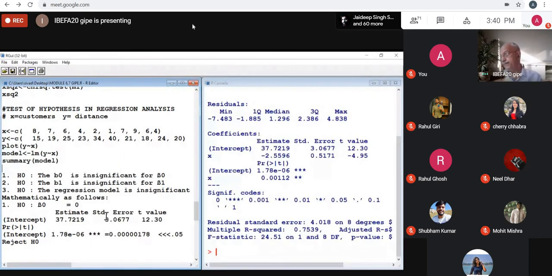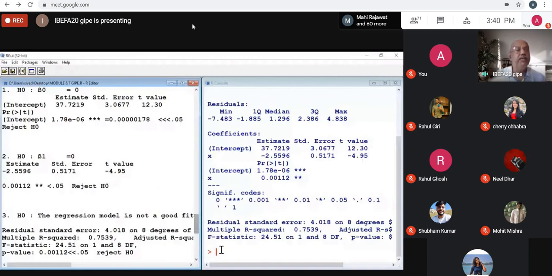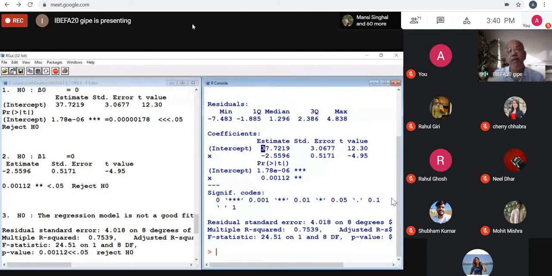Finished. Attentive. First hypothesis: beta naught equal to 0. That means intercept. So B naught will be 37.7219. Standard error is 3.0677 and the T value 12.30, but the P value is enough for us.